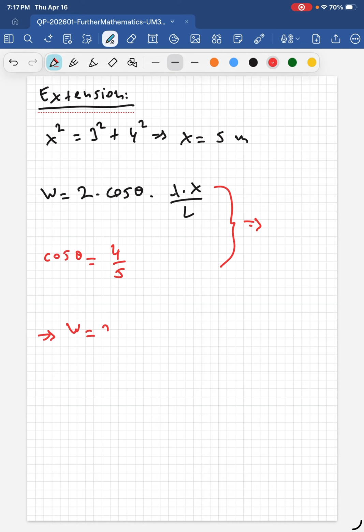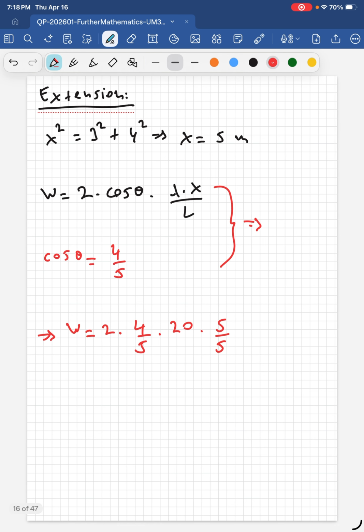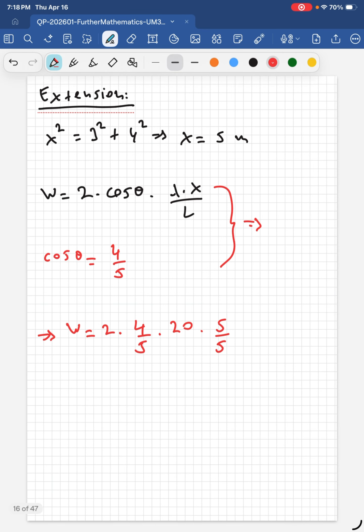So the weight is 2 times 4 over 5 times lambda, which is 20, times x, which is 5, over 5. The length of the string is 5 meters, right? And the reason why we use x as 5 meters is because we use the x we just calculated.